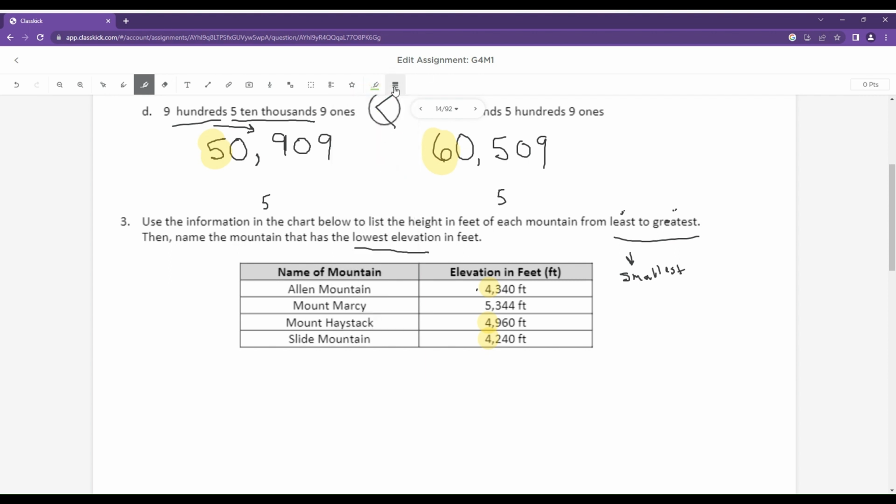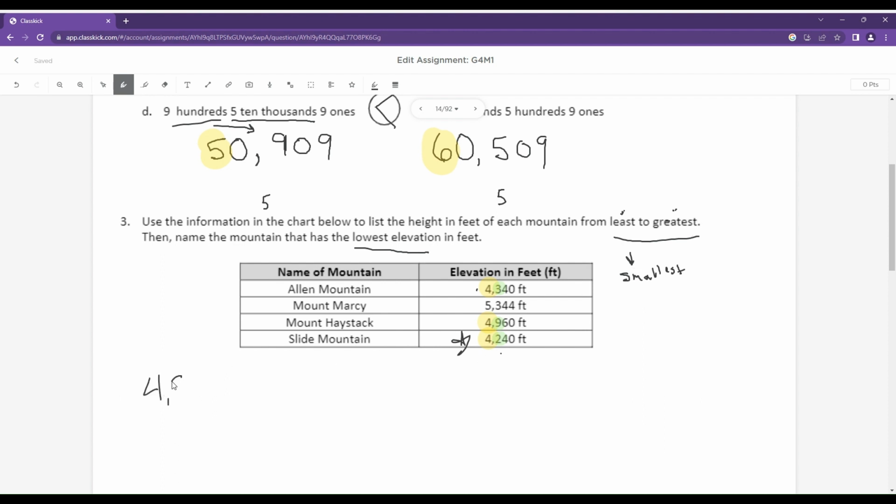The next thing I need to do is move over to the next smallest place value, which is the hundreds. 300s, 900s, 200s. So which of those numbers is the smallest, 3, 9, or 2? Well, it would be number 2. So this guy right here is my smallest. And since I need to list them from least to greatest, that means this number is going to come first.